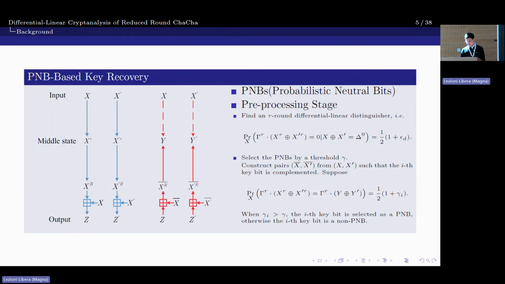Then we select the PNBs by a threshold γ, constant paths such that the key bit is changed. We consider the correlation γi. When γi is bigger than γ, the key bit is selected as a PNB, otherwise it is not a PNB.